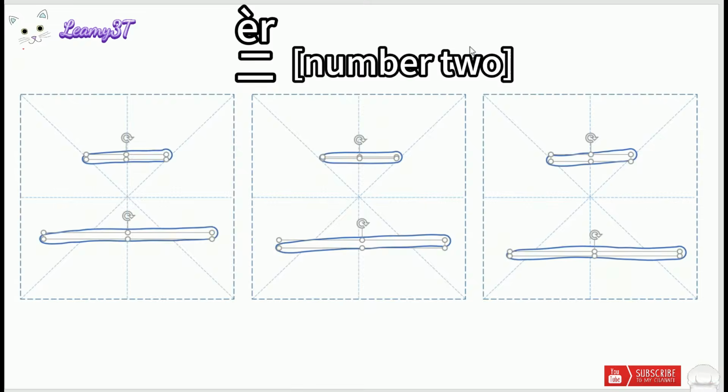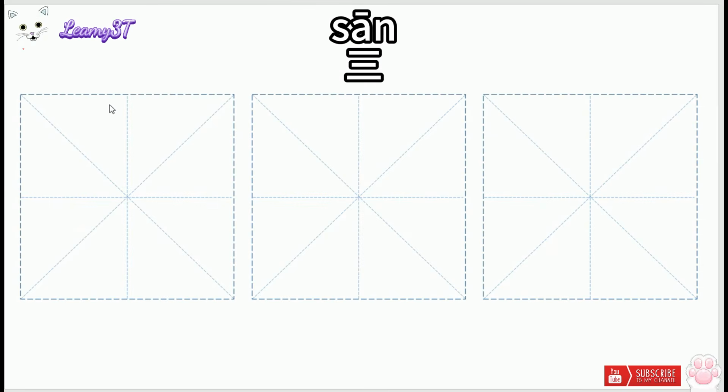Now, let's write sān. It's similar to 二, but with 3 hēngs. The first one is at the top. The second is in the middle. And the third one is at the bottom.